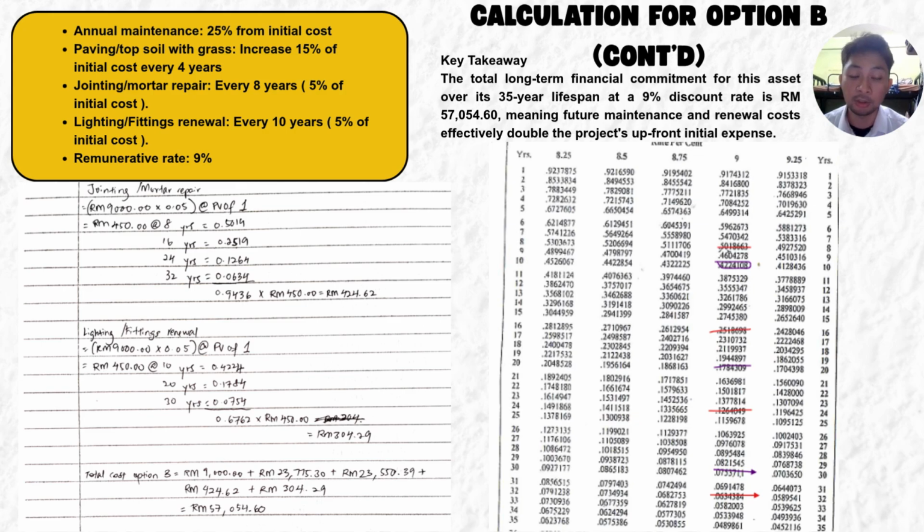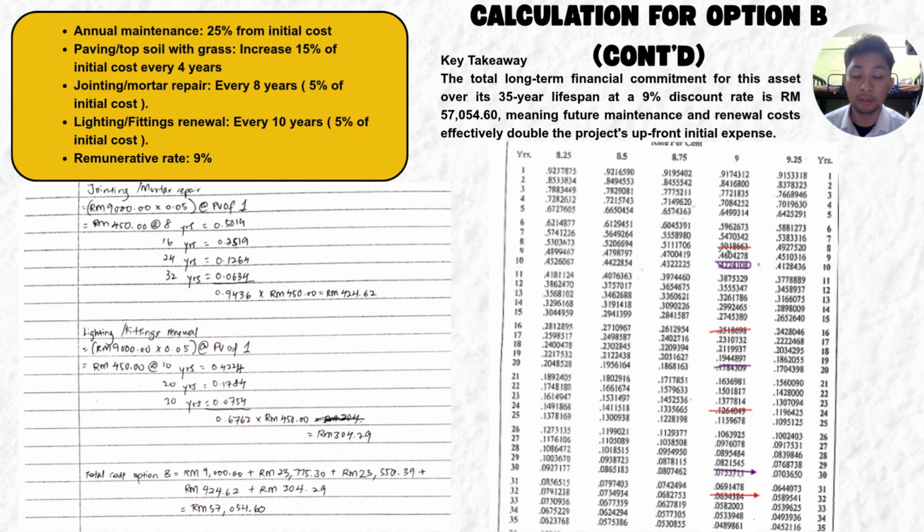The reason why we need to times it with PV of 1 is because if the question or information has mentioned specific years, like every 8 years or every 10 years, we need to use PV of 1. So the years involved with this mortar repair cost are 8 years, 16 years, 24 years, and 32 years.